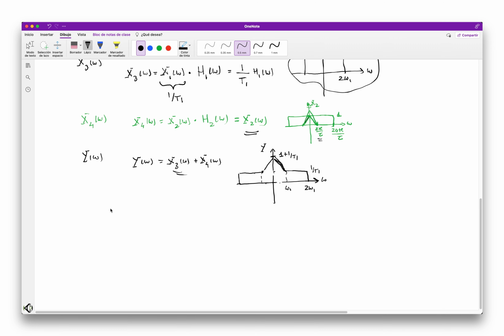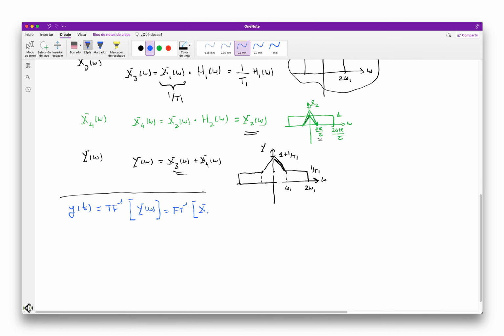Let's go now for the second part of the exercise, which is very straightforward, as you will see, because they ask us to calculate y of t. Y of t is the inverse Fourier transform of y of omega, and it is the inverse Fourier transform of x3 plus x4.